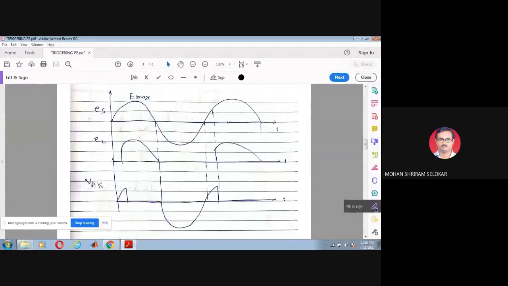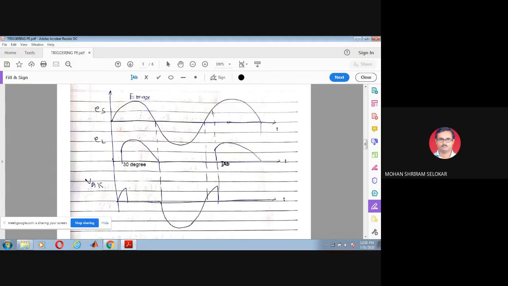Understand? Assume that this is a 30 degree point. At this 30 degree point, IG min is reached, right? Depending on the resistance, of course, when it will be reached; assume that the setting is such that at 30 degree only my required IG min is reached and my SCR will be turned on, right?